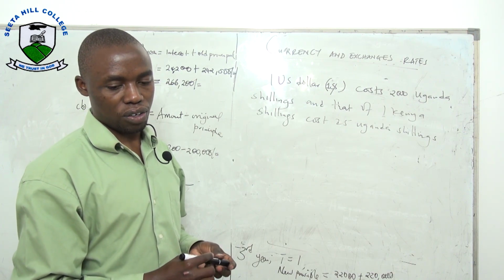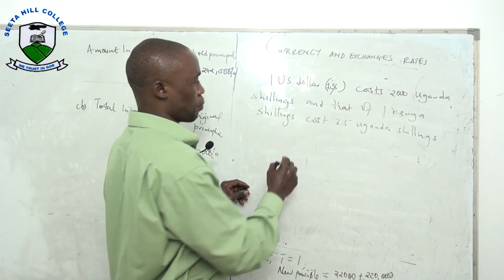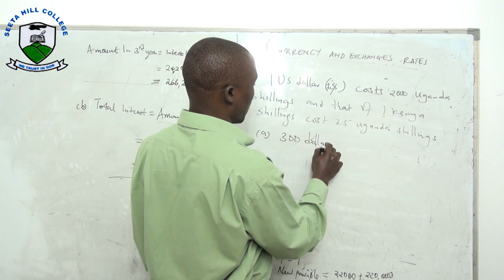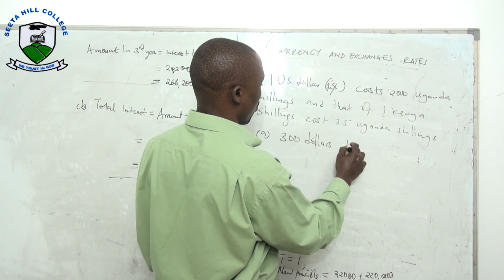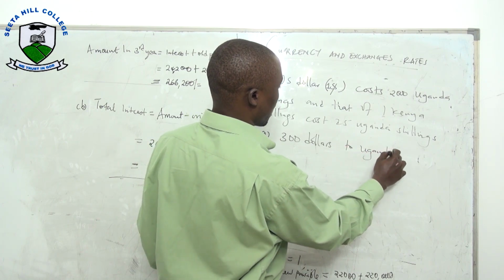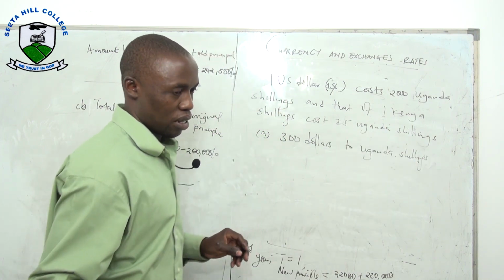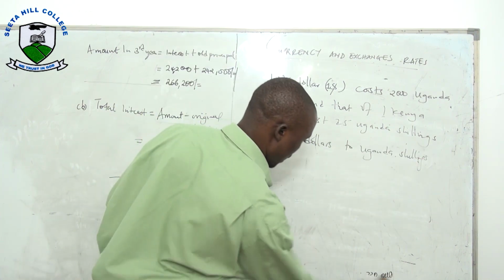Make the following conversions. $300 to Uganda shillings. That will be good for us to discuss.